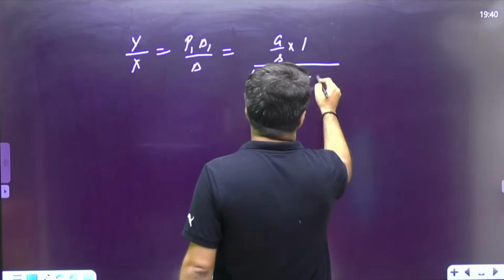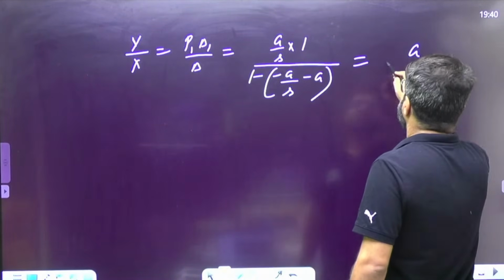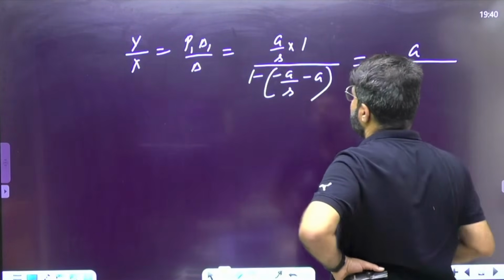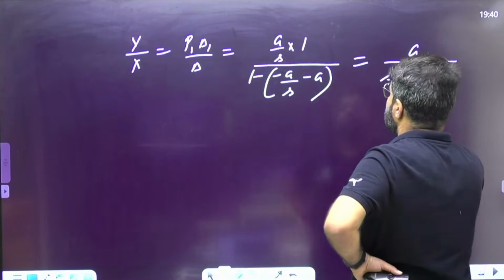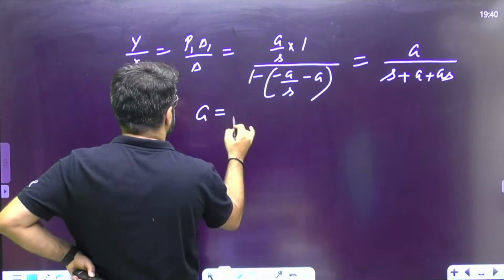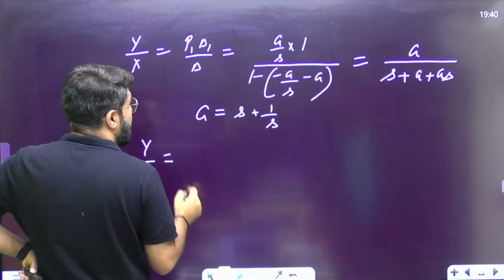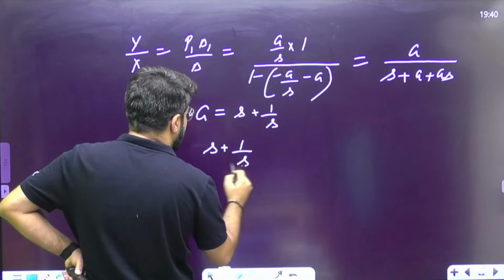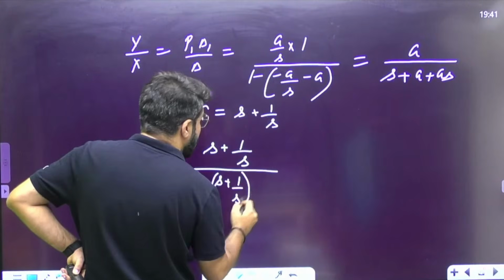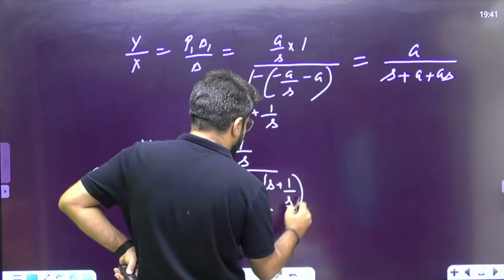So minus G by s and minus G. I will multiply throughout by s, so my answer is G divided by s plus G plus G s. Now substitute G. G was the parallel combination of that differentiator and integrator, so this becomes s plus 1 by s divided by s plus (s plus 1 by s) plus (s plus 1 by s) multiplied by s.